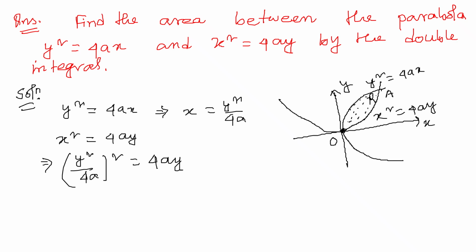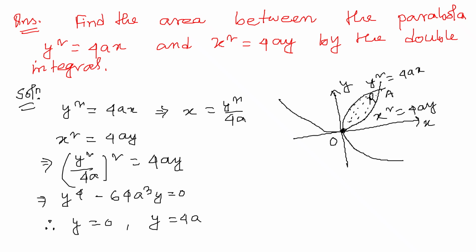Okay, so from here what are we getting? We are getting y to the power 4 minus 64 a cube y equal to 0. You can solve this one. Therefore we are getting y is equal to 0, and another root is y is equal to 4a. Now what about y is equal to 0?